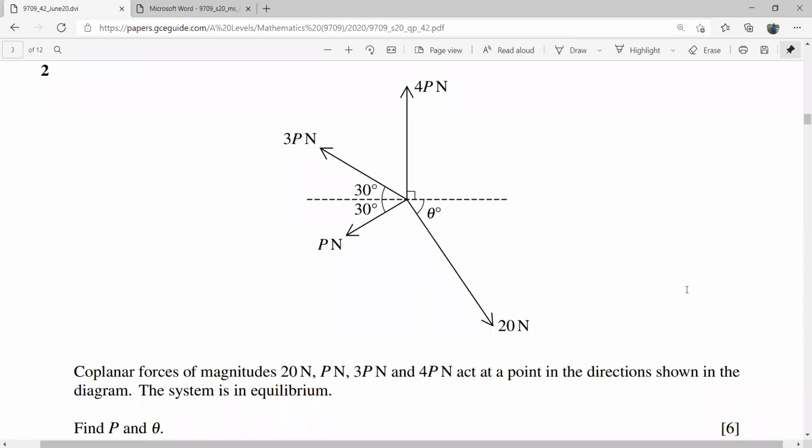Okay, this question is on resolving forces and forces in 2 dimensions maybe, and basically you need to be very good at resolving forces for this. Now we are given that there are 4 coplanar forces with all these magnitudes and acting at these given angles.